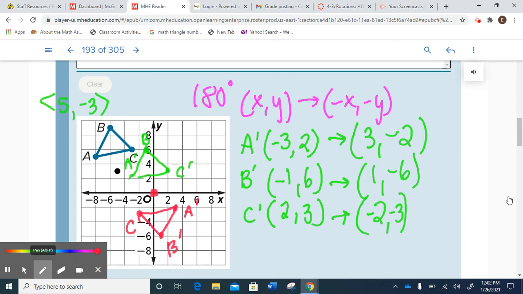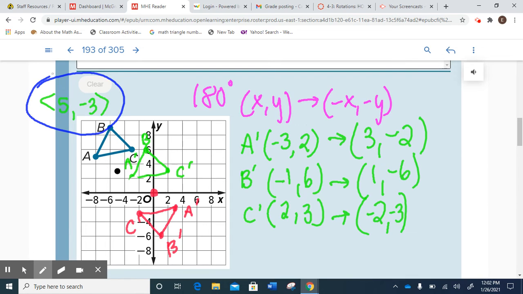So what I'm going to do is take my vector and bring it back the other way. So I moved it 5 to the right, 3 down. So now I'm going to go ahead and move this red one back to where it should go, which is 5 to the left and 3 up. So I'm going to move this red triangle back to my original place. So 5 to the left. I'm going to start with C, going 2, 4, 5, 3 up.